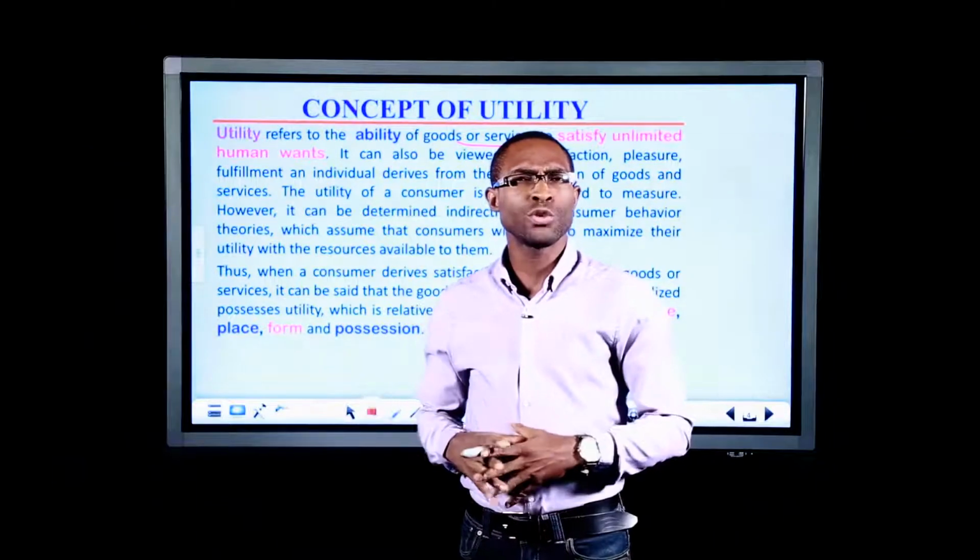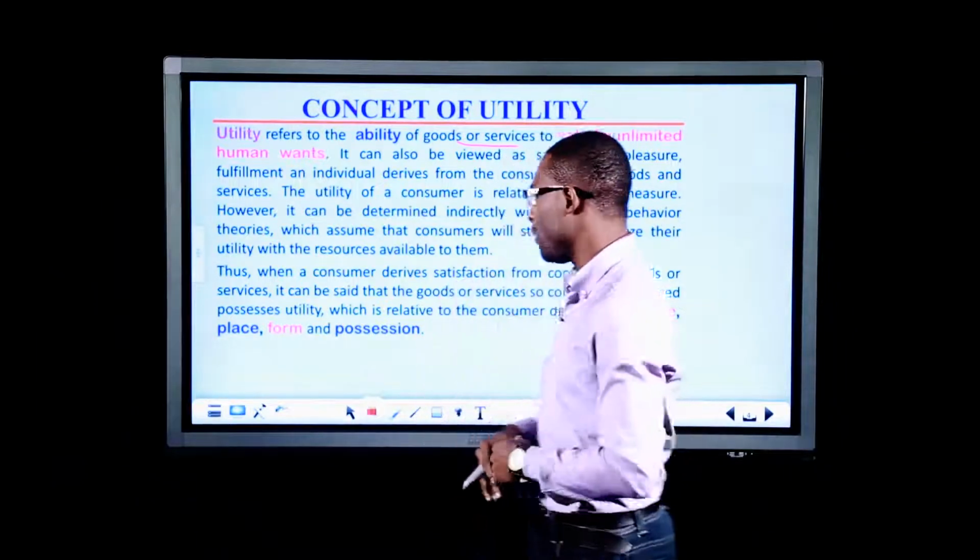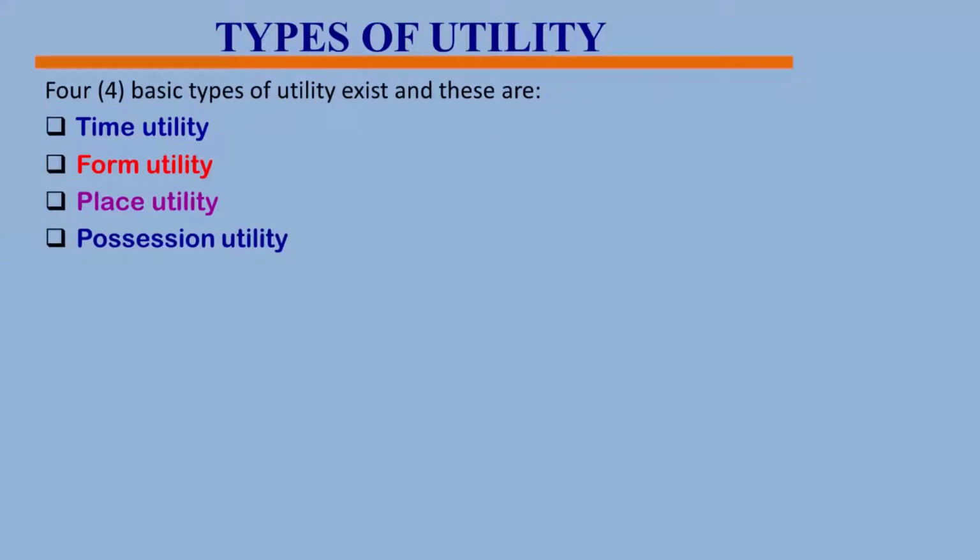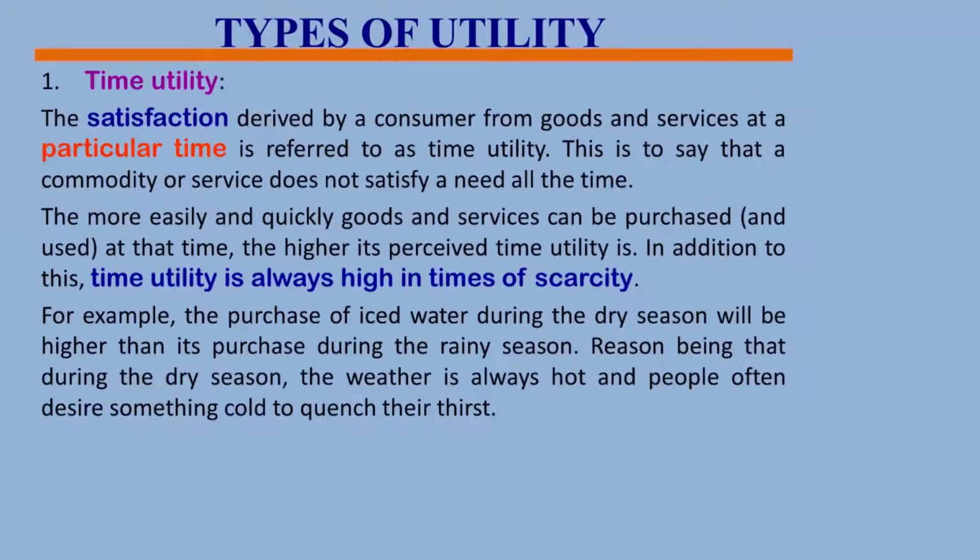Now, that takes us to the type of utilities we have. There are four basic types of utility, and these are time utility, form utility, place utility, and possession utility. Let's look at time utility. The satisfaction derived by a consumer from goods and services at a particular time is referred to as time utility.